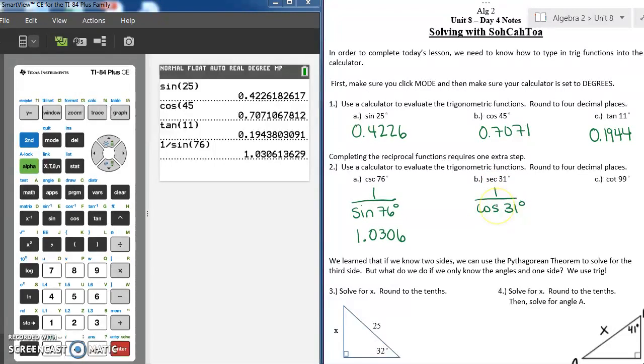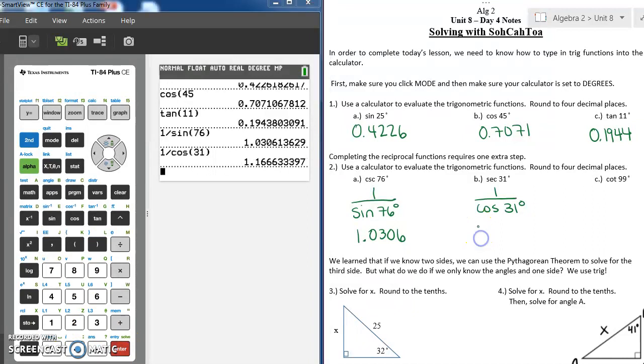Now secant of 31 degrees, I have to type it as 1 over cosine of 31 degrees. So I have to use a reciprocal function. We have 1 divided by cosine of 31 degrees, close it up, enter, and the answer is 1.166126. Okay. And then it's a 3, so I don't have to bump it up.